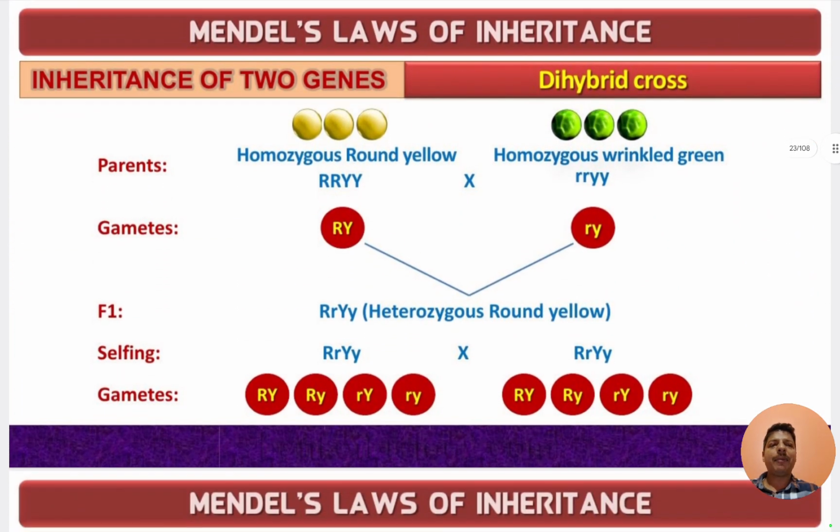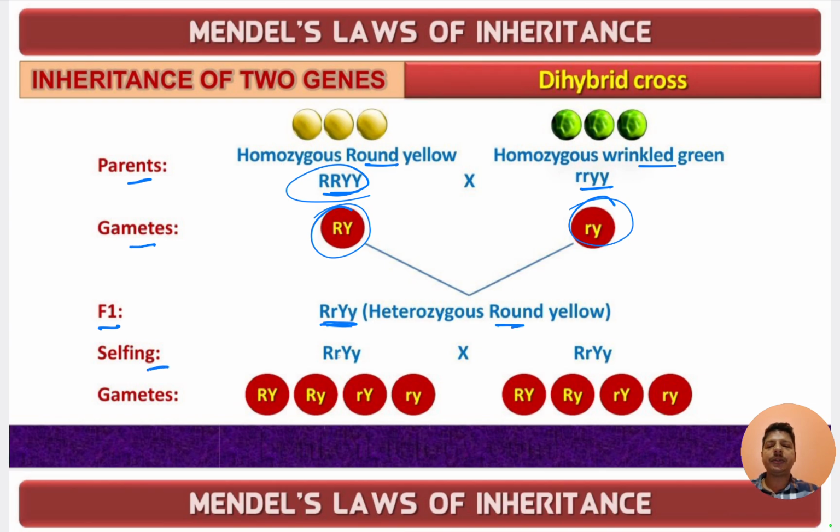First of all, in the dihybrid cross, parents we already selected: homozygous round yellow and homozygous wrinkled green, and gametes are produced by crossing like this. In the F1 generation we get capital R, small r, capital Y and small y, heterozygous round yellow.